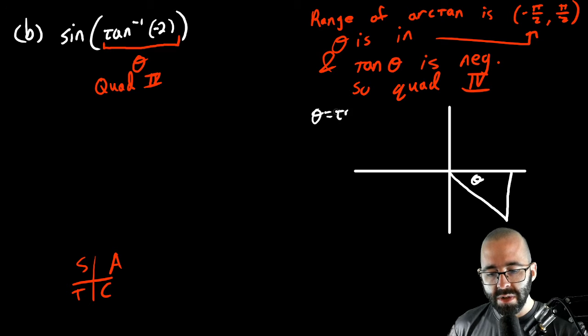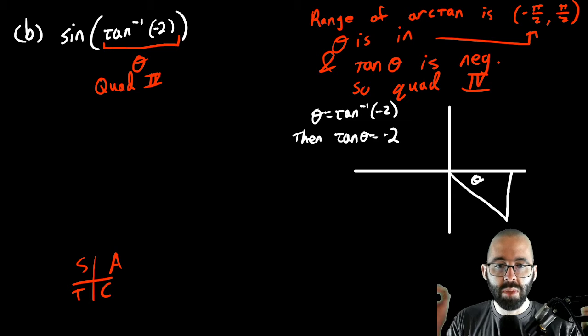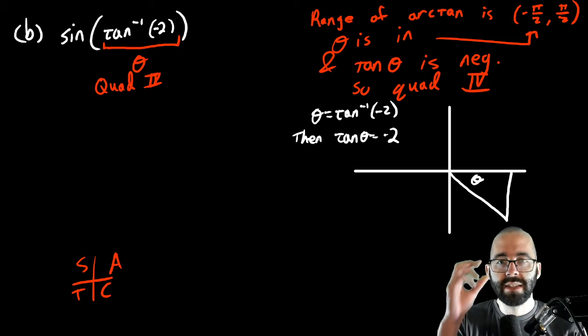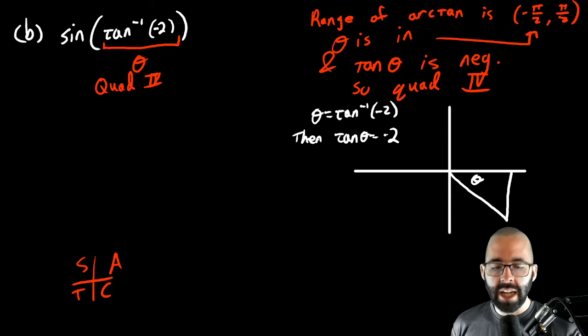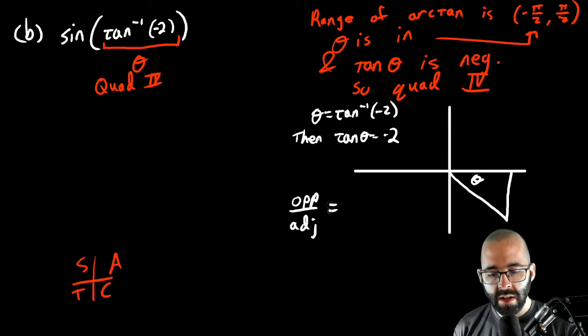If theta equals the inverse tangent of -2, then tangent of theta equals -2. That's that relationship from 8.3.1, the first video of this section. So tangent of theta means opposite over adjacent. That ratio is equal to -2.